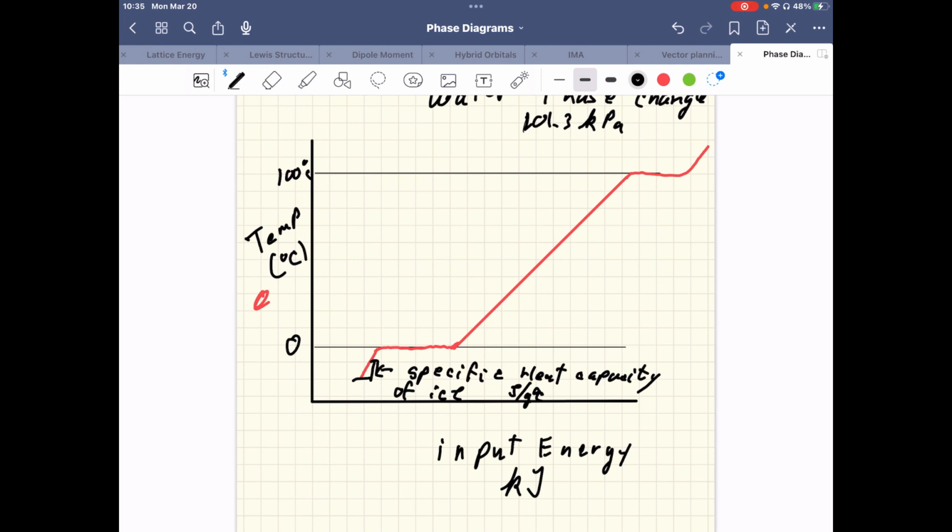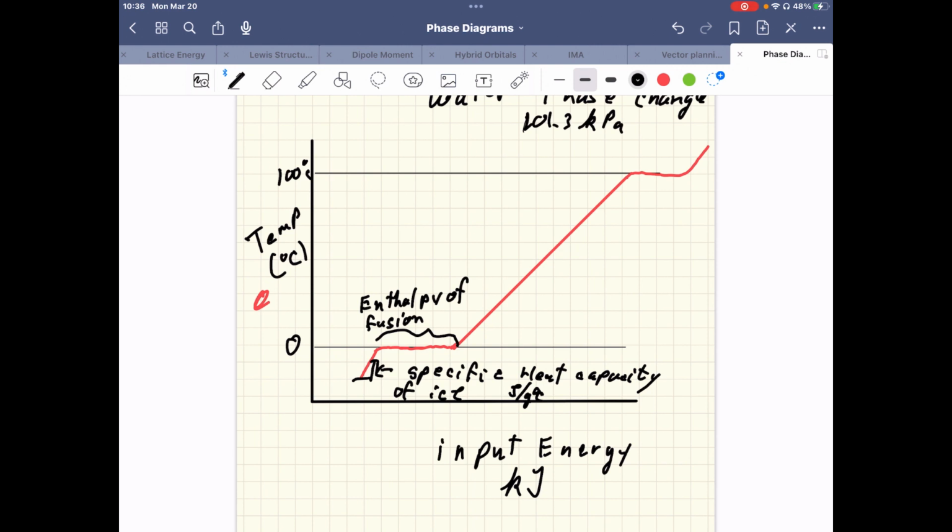Over this interval here, this is the enthalpy of fusion. Now, the enthalpy of fusion, that's actually the negative. That's the energy that would be released as the bonds of ice are forming. So actually, at this point, if you're going from solid to liquid, that's input energy needed to break the bonds.